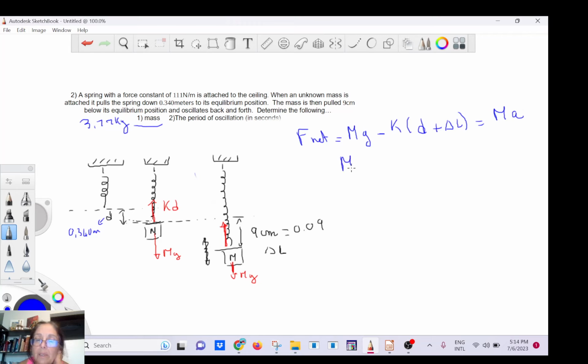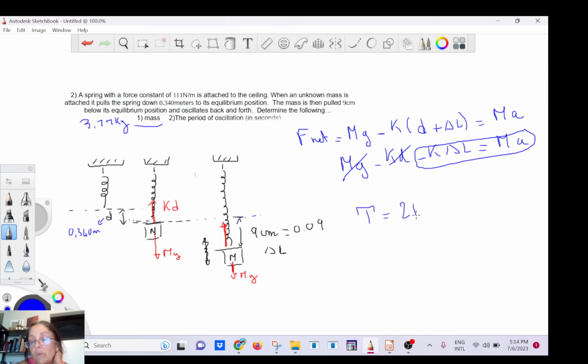If I distribute here, you're going to have mg minus kd minus k delta L equals ma. The mg and kd go away because they are equal to each other. At the end, the idea is that gravity does not matter. What matters is by how much you pull from this position, the amplitude of the motion. And the period will be equal to 2 pi root of m divided by k. So it doesn't even depend on the amplitude.